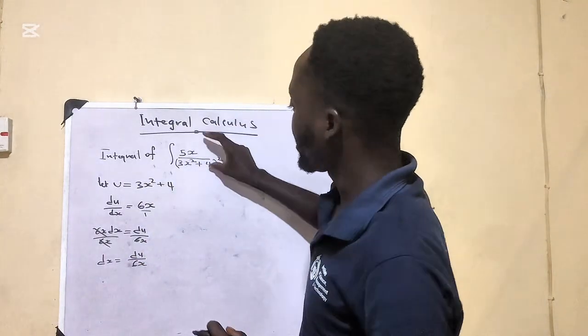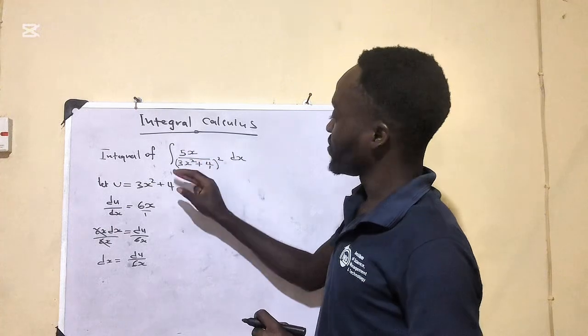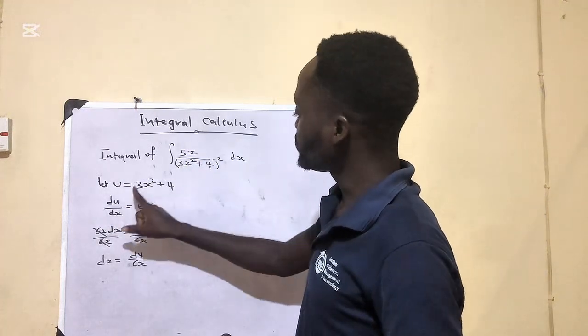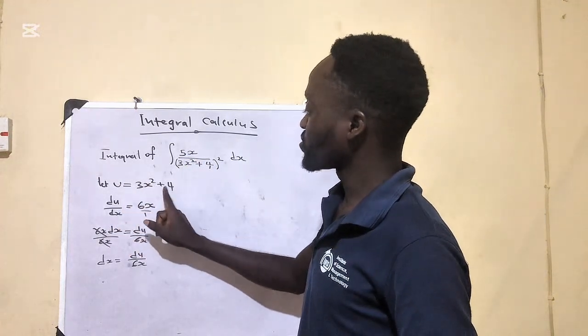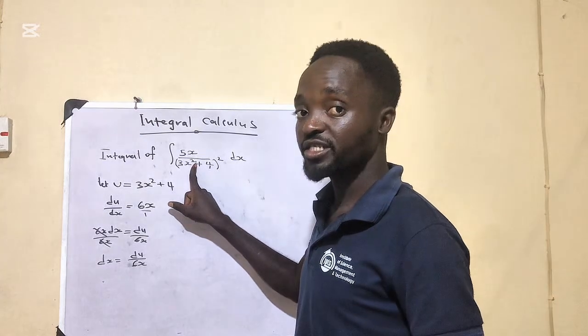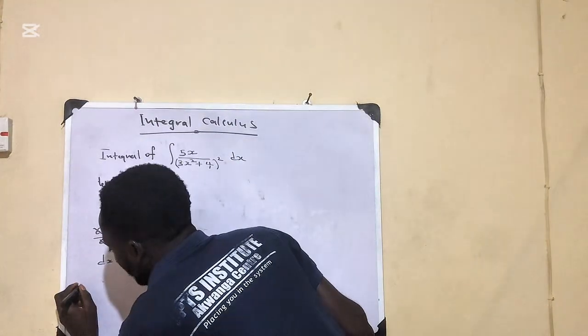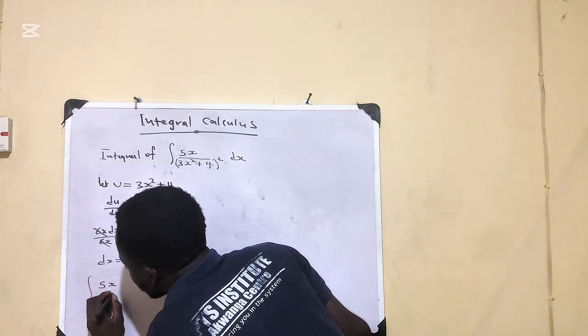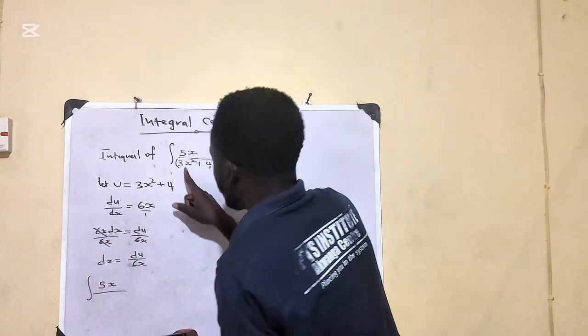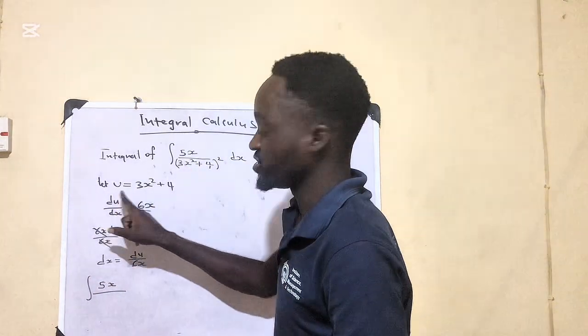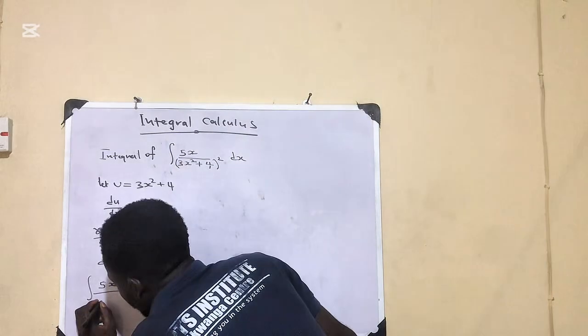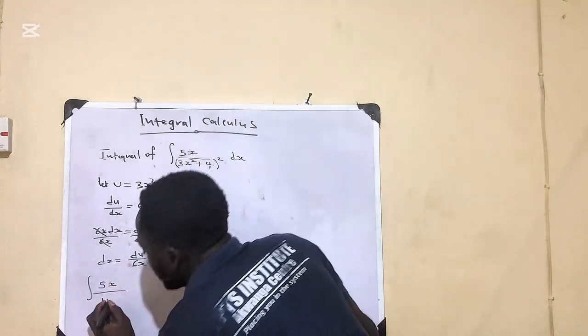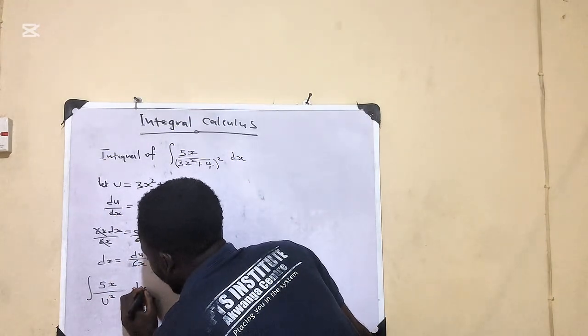Alright, after doing this, we can substitute back into our integration. Since we say that u is equal to 3x squared plus 4, the integral becomes the integral of 5x over u to the power of 2, and then our dx.